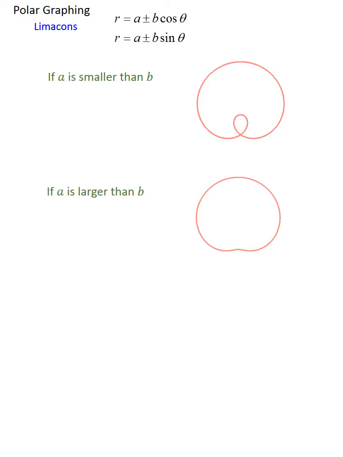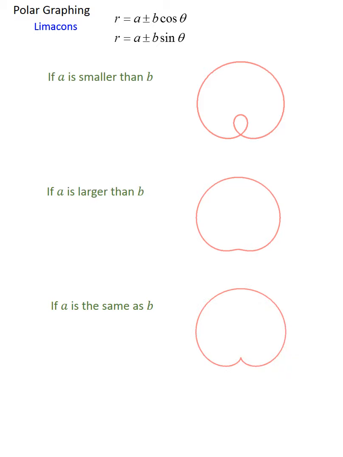By the way, side note, I looked up limacon in a Latin translation, and I don't know if this is true, but apparently it comes from the word snail. And I guess somebody thought that this shape looked like a snail enough to call it a limacon. So if A is larger than B, we get a little dimple, as you can see there. And if A and B are the same, we get sort of a pointy dimple.